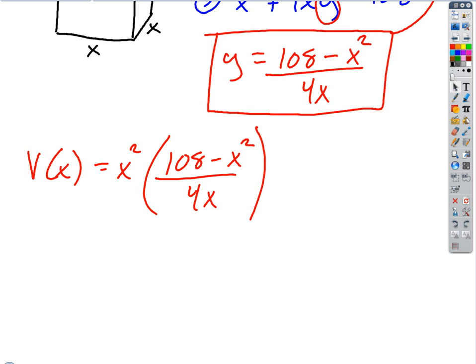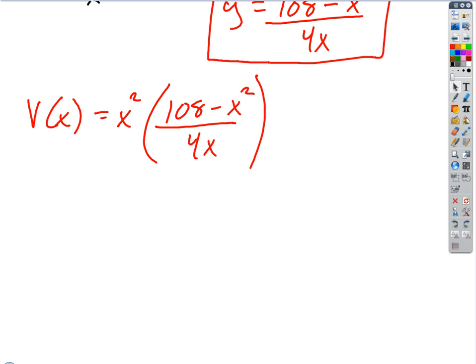Now, we can simplify that a little bit, can't we? Right away, we can cancel one of those x's, that's useful. And then I could pull out the 1/4 and distribute, well actually I don't even want to distribute the x, do I? Because I've already got it factored.